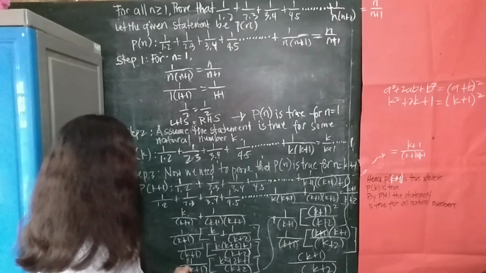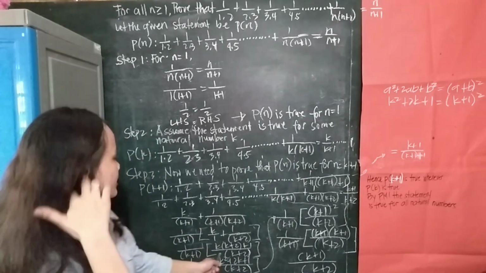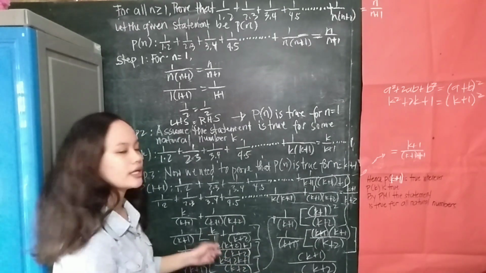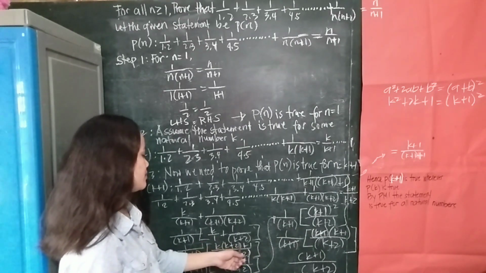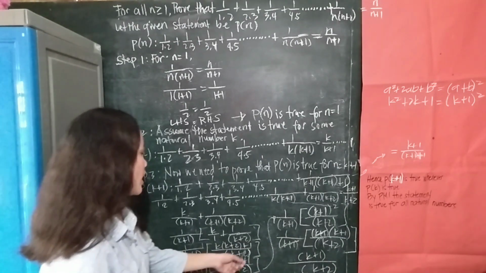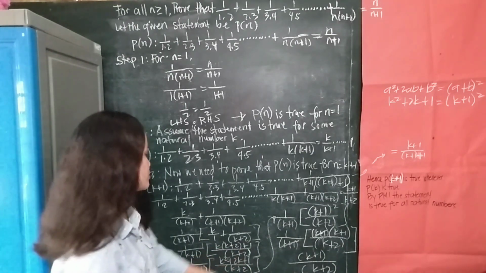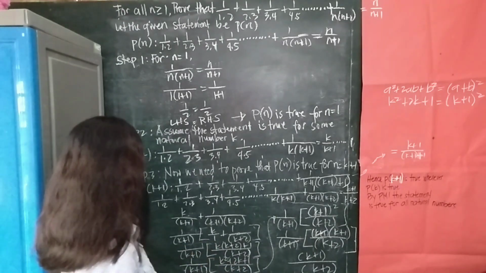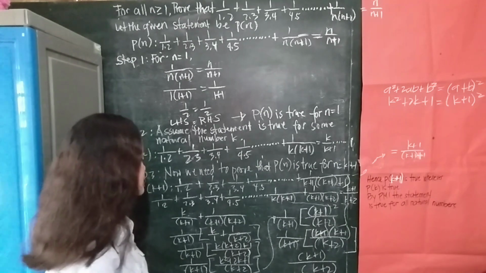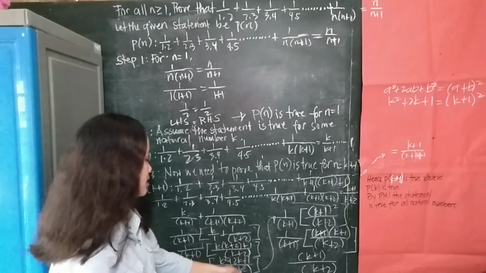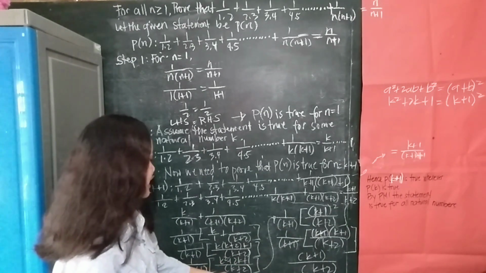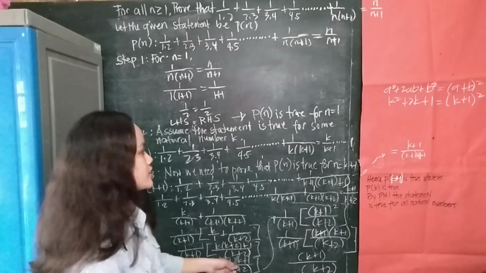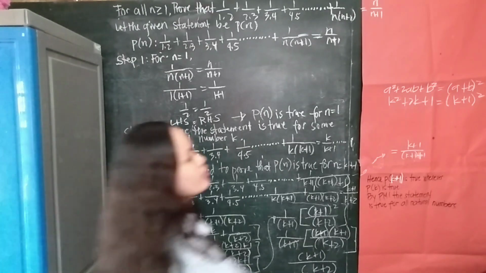So 1 over k plus 1 times k times k plus 2 plus 1, since we multiplied the k to the k plus 2 in the denominator, and then we added 1 over k plus 2. Next, 1 over k plus 1 times k squared plus 2k plus 1 over k plus 2. We get this term by using this formula.